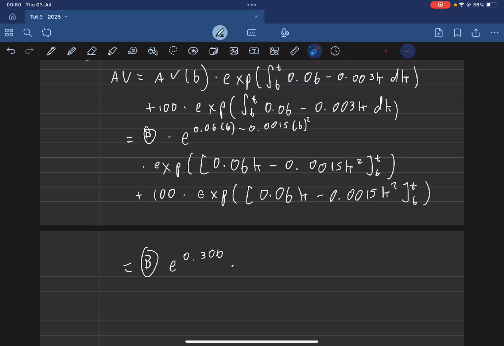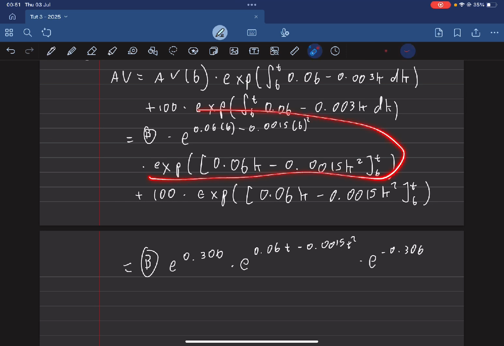When we sub in the t into this integral, it's going to give us e to the power of 0.06t minus 0.0015t squared. And when we sub in 6, but make it negative, we multiply the whole thing by -1, and it's going to give us negative 0.306. Cool. So that's all of this for the top part.